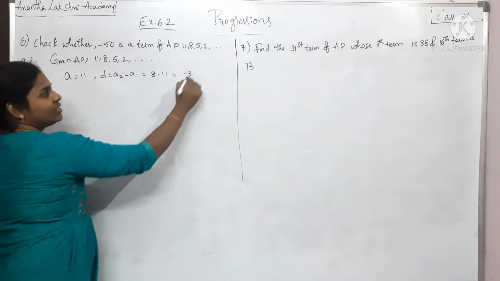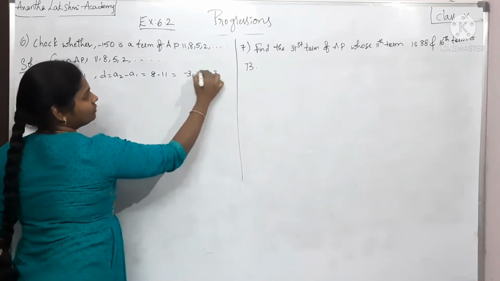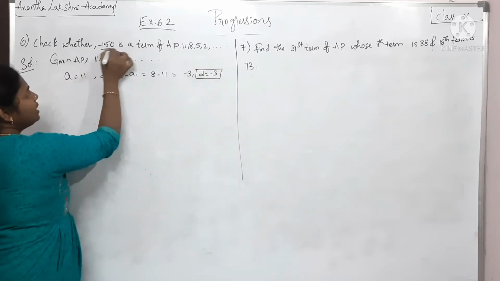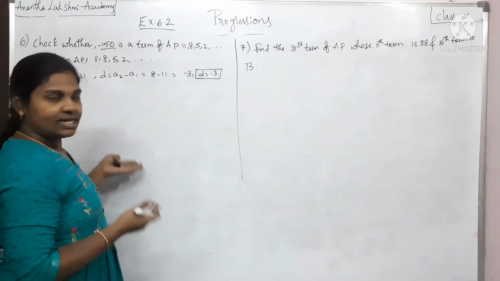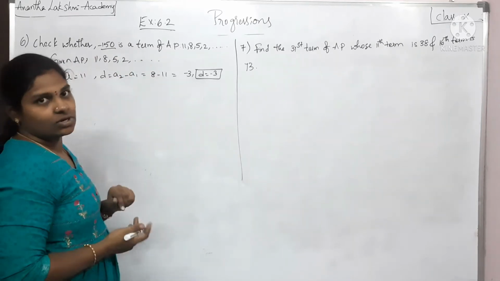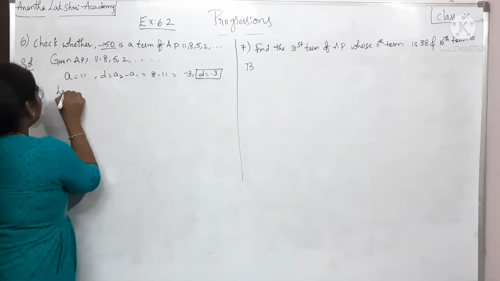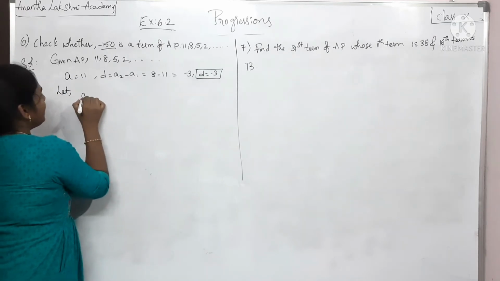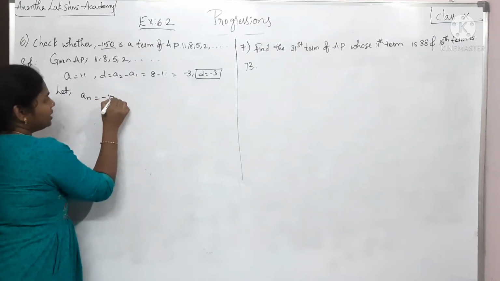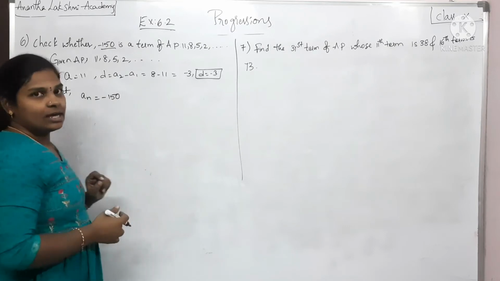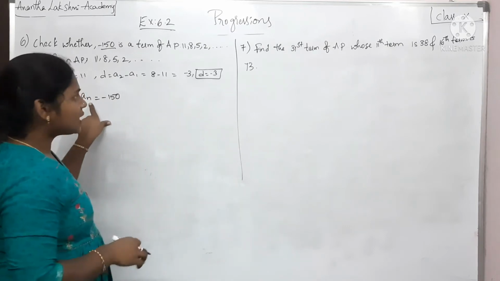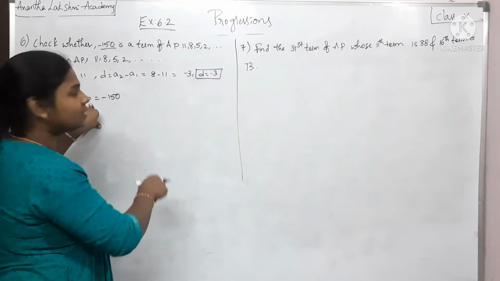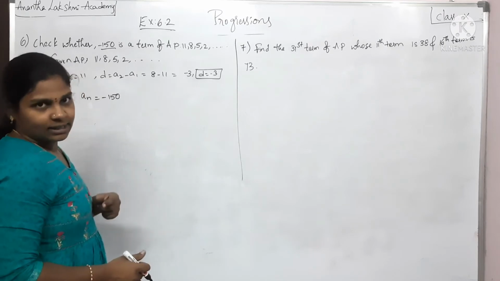So the common difference is minus 3. Now we need to figure out if minus 150 is a term of this series or not. So let us assume an is equal to minus 150, the nth term in the series. If we can extract n out of this particular formula, then we are done.